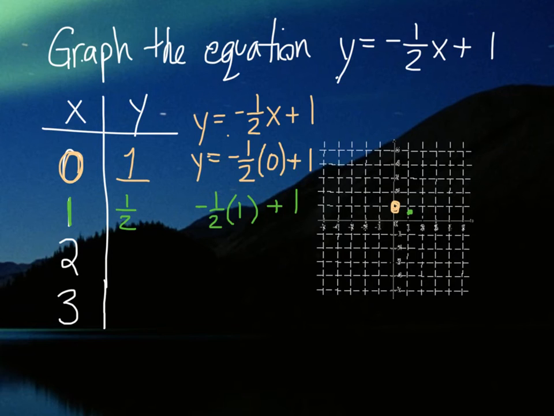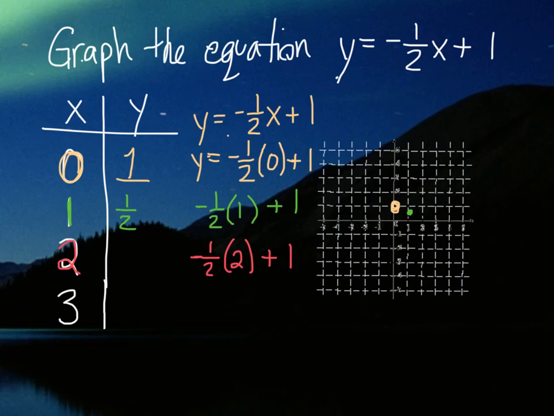Okay, next point is when x is equal to 2. In this case, we're going to take negative 1/2, multiply it by an x value of 2, and then add 1. So negative 1/2 times 2 would become negative 2.